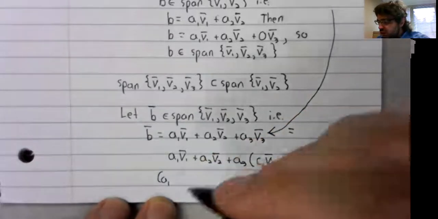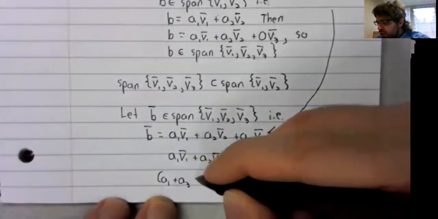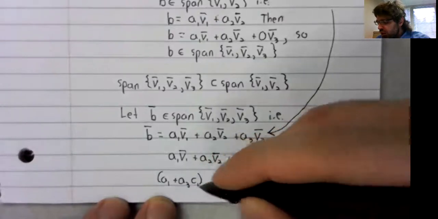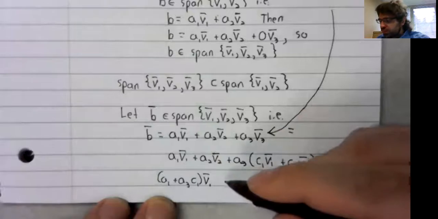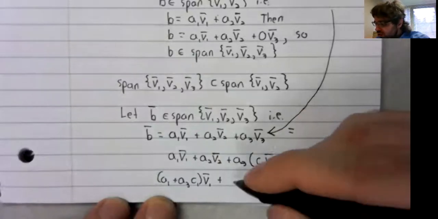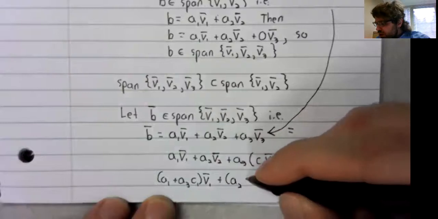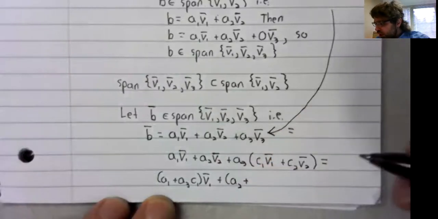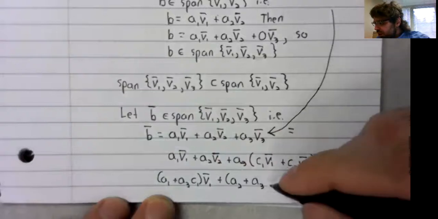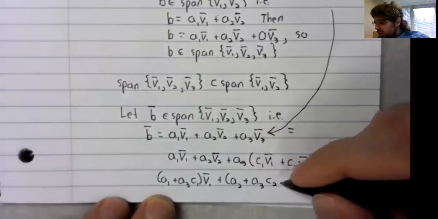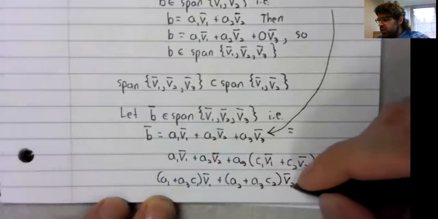So that's A sub 1 plus A sub 3 C sub 1, V1, plus A sub 2 plus A sub 3 C sub 2, V2.